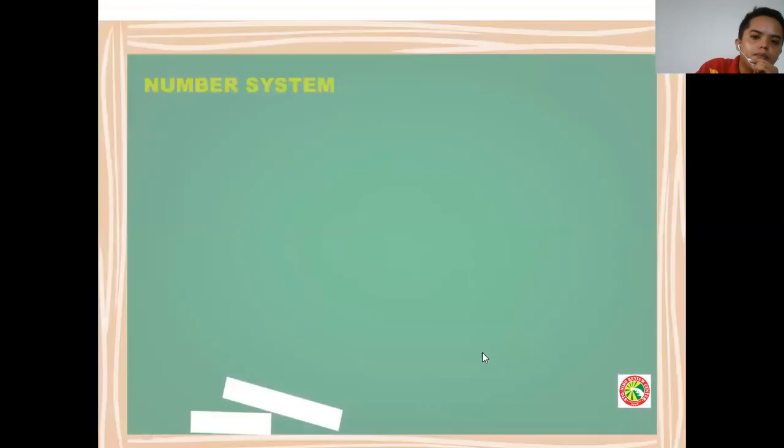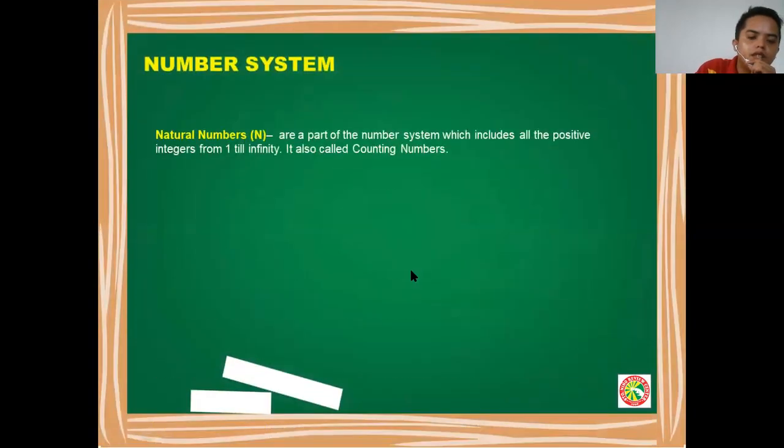To start off, natural numbers or N are part of the number system, which includes all the positive integers from 1 till infinity. So natural numbers are also called counting numbers.